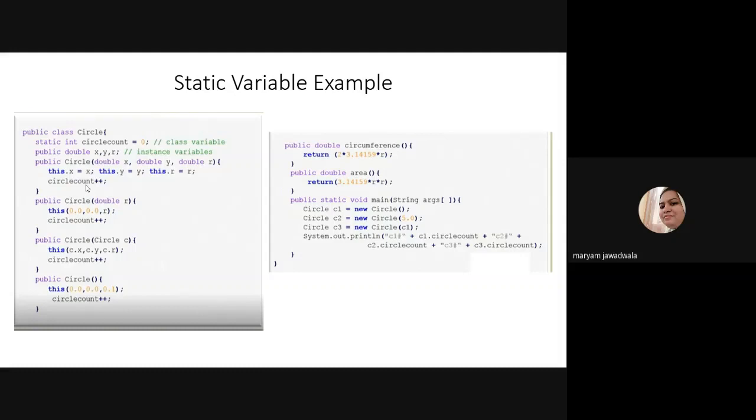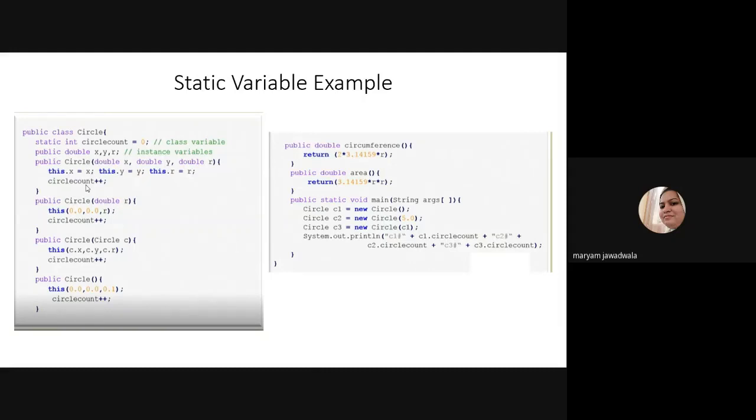All of you please concentrate on the left hand side. Here we are writing one Circle class with two different types of variables, class variable and instance variable. circleCount is the name of the variable, and it is a class variable, and three more variables, x, y, and r, are the instance variables.